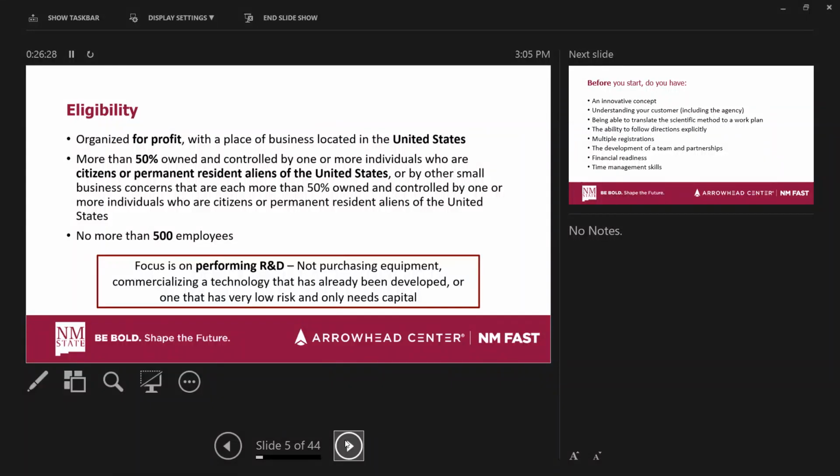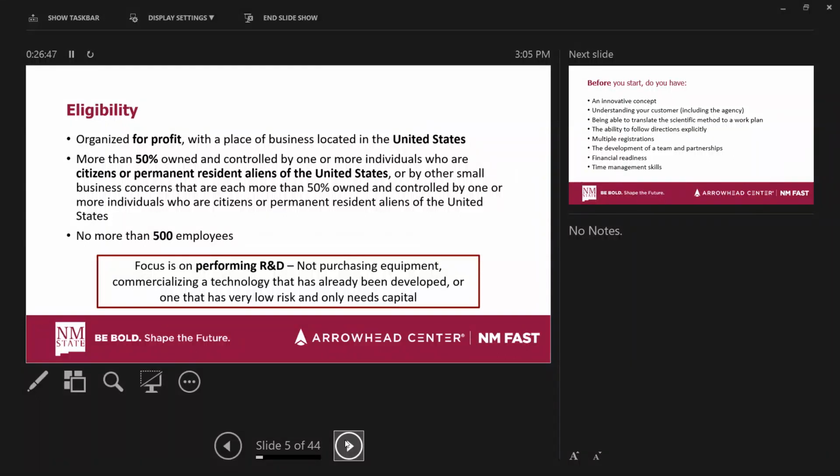This can get a little bit gray, so if you have questions about eligibility, we always encourage you to reach out to us and we can work with you to make sure that you are in fact eligible. And the definition of a small business by SBA is no more than 500 employees.